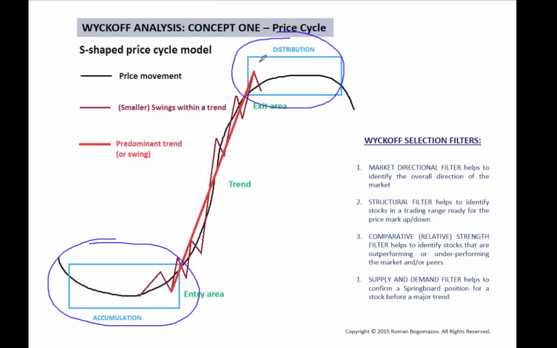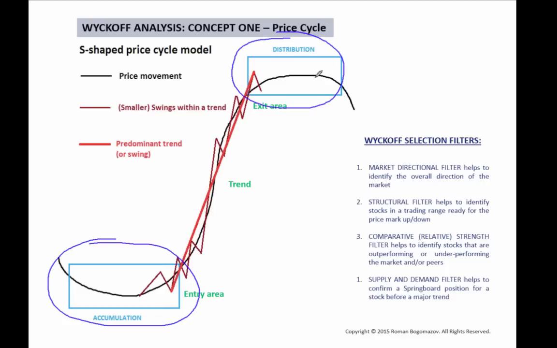And then once the trend is over and the conditions have changed, or the perception is going to change in the future, the composite operator, or the composite man, will start unloading the position, and therefore distribute the stocks at the higher price levels.